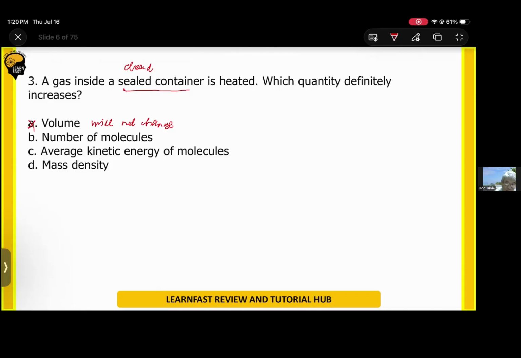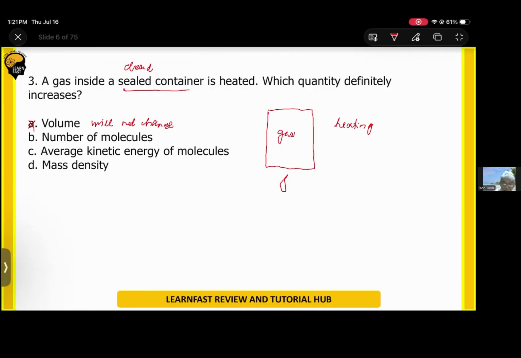So if I would draw a picture of the problem, there's gas inside. Now, we heat it up. So heating will affect a property of the gas in terms of its kinetic energy.